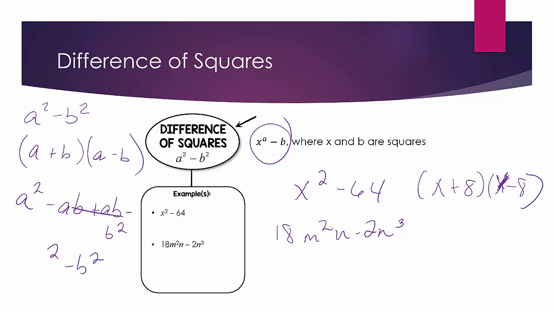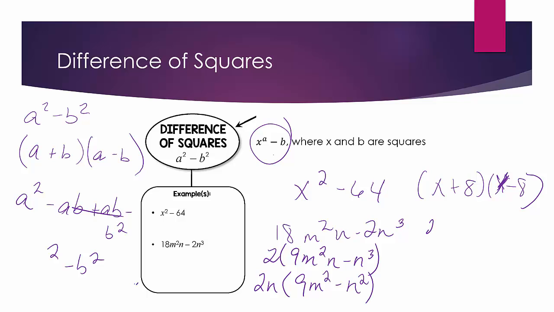So I'm going to pull out a 2. That gives me 2 times 9m squared n minus n to the third. Still don't have a square in that last term, so I'm going to pull out an n. So I get 2n times 9m squared minus n squared. There we go, we can work with this.